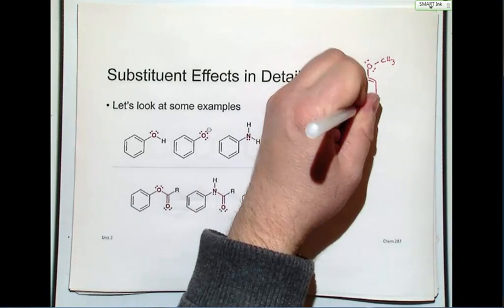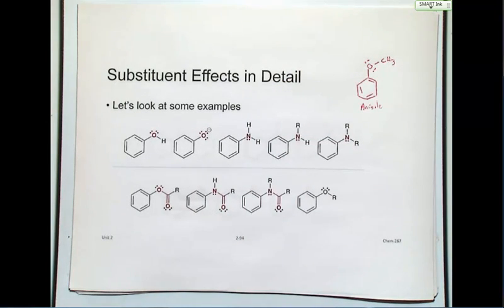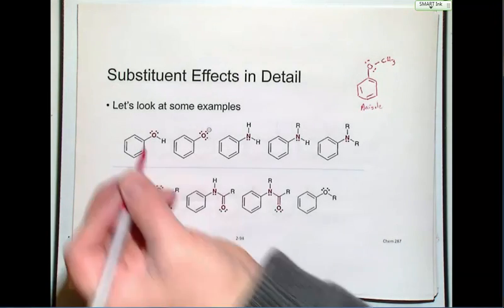Was anisole strongly activating or weakly activating, from what you remember? Pretty strong, right? It was about 400 times more activated than benzene alone. We attributed that to the lone pair electrons that can donate into the ring, and those are directly adjacent to the aromatic ring.